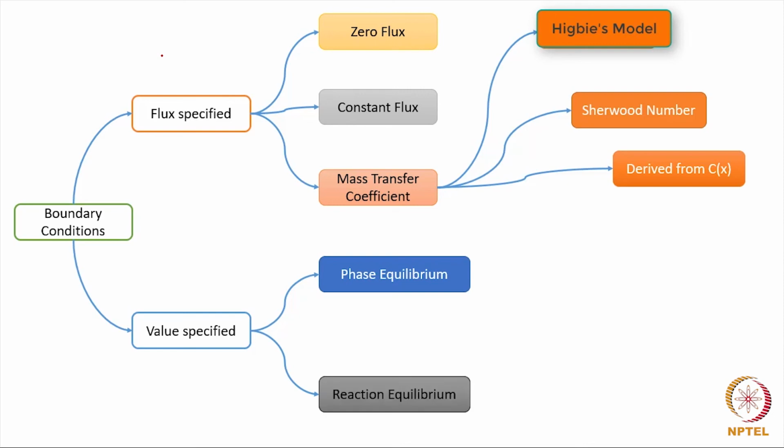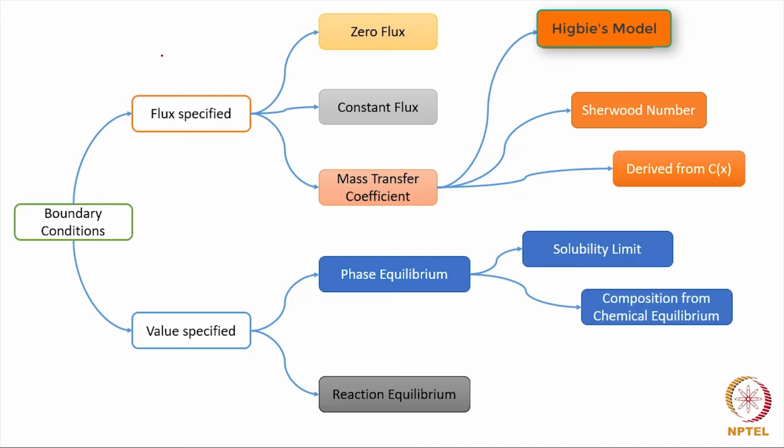With phase equilibrium, you have scenarios, for example, where the solubility limit gives us the value of the concentration at the boundary, and sometimes it is available because the chemical equilibrium gives us the compositions.